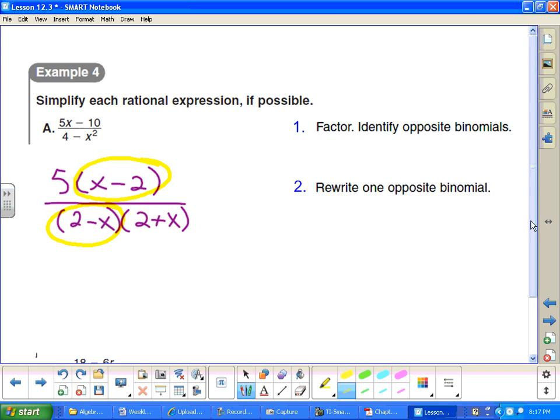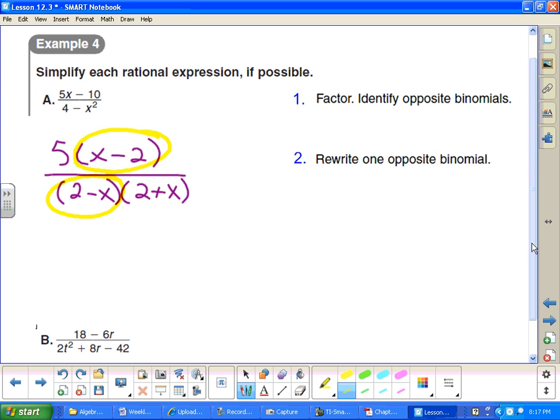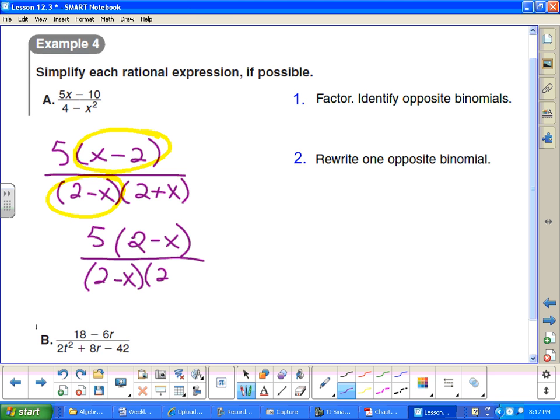And so what I'm going to do then is I'm going to pick one of them to rewrite. And I like to work with the numerator, so I'm going to rewrite the numerator as 2 minus x. So now it looks like the denominator. So I have a 5 out here, 2 minus x, 2 minus x, and 2 plus x.